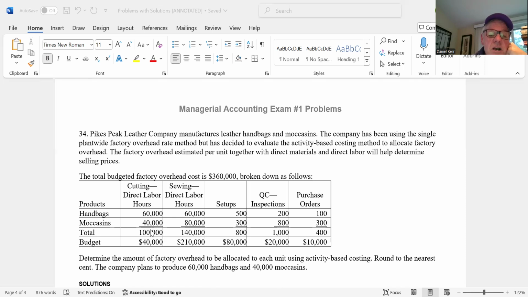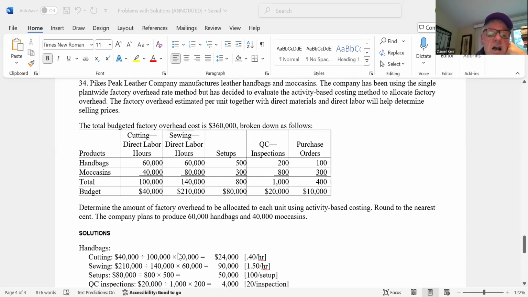So with handbags, the amount that goes to cutting: your total cost is 40,000. Your total volume there is 100,000 units. So 40,000 divided by 100,000, and then multiply that by 60, because that's the number of direct labor hours for handbags. So that gives you 24,000.